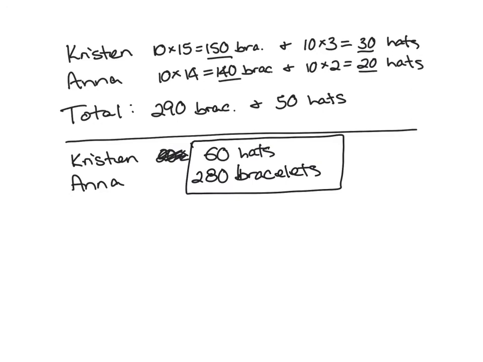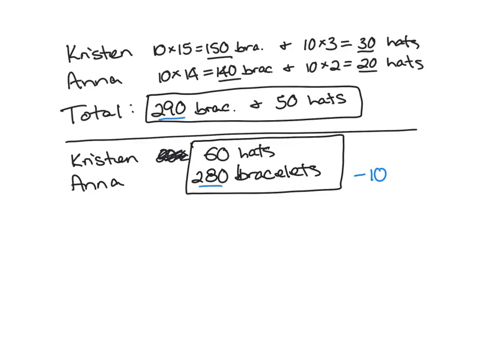All right, so how does that compare to when they just split their time evenly between production of both products? Okay, well, we see that they make 10 fewer bracelets when they specialize in their comparative advantage, right? 280 versus 290, okay?